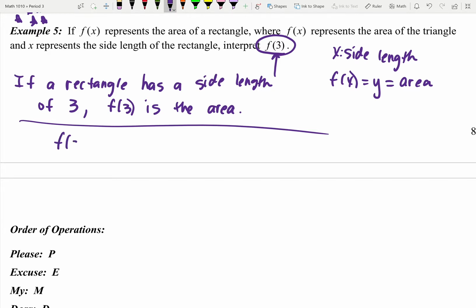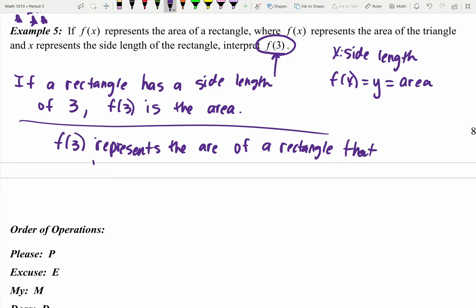F of 3 represents the area of a rectangle that has a side length of 3. So it's really easy. You have to know that the f of whatever is the area, so the f of 3 represents the area, and the 3 is the side length.